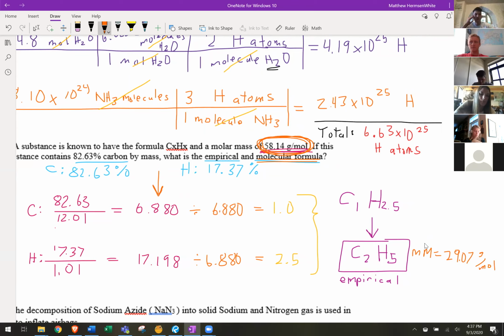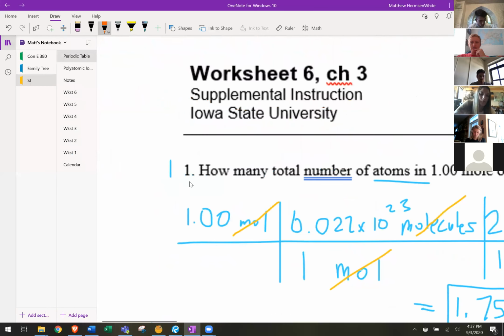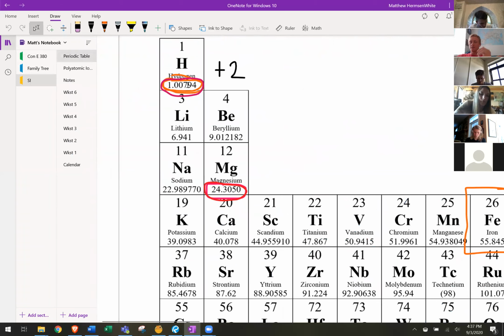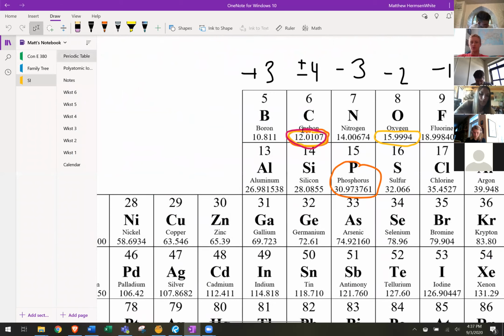How did you get 29.07? So does anyone know where I got this 29.07? You added what the weight would be of 2 carbons and 5 hydrogens. Right, yep. Okay. So the periodic table, hydrogen is 1 and carbon is 12.